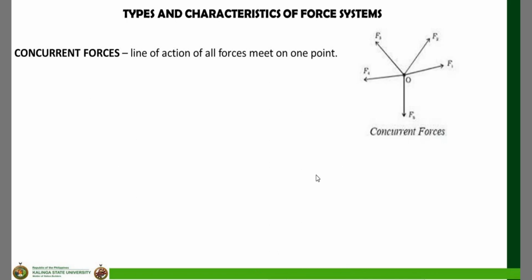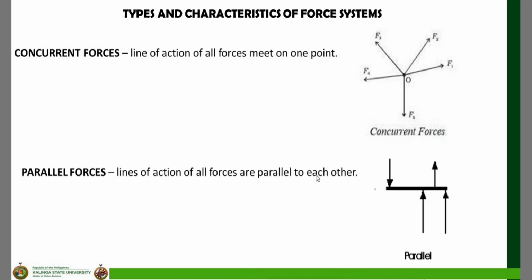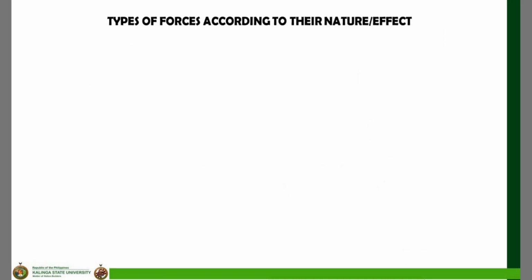That is concurrent. For parallel forces, lines of action of all forces are parallel to each other, as you can see there in the diagram. So, dito sa engineering mechanics, most of the time we'll be encountering concurrent forces and parallel forces.